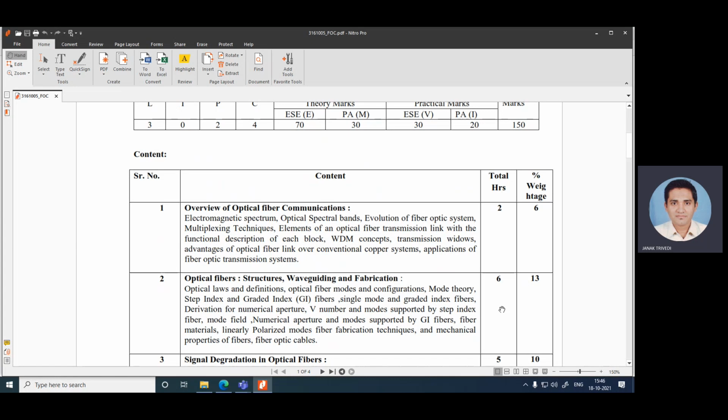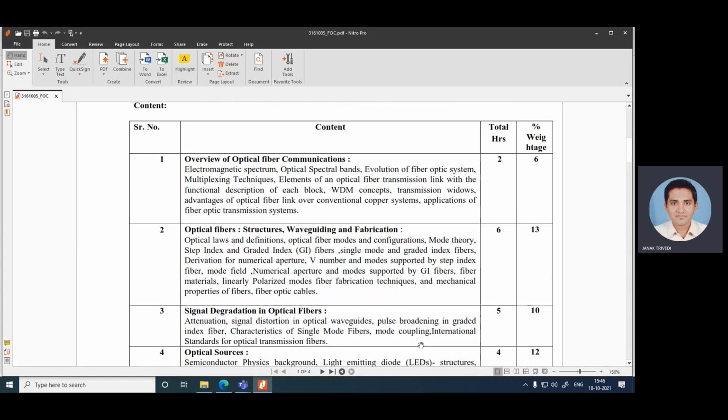This content requires a total of 6 hours and the weightage is 30%.